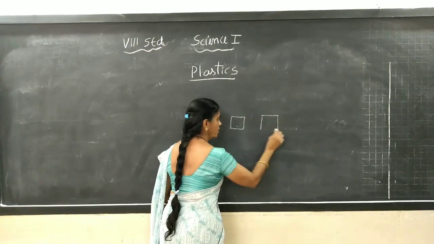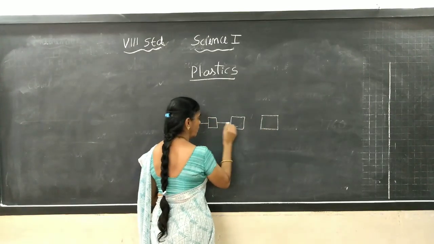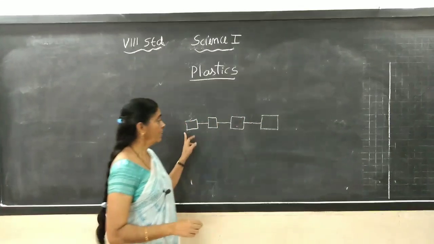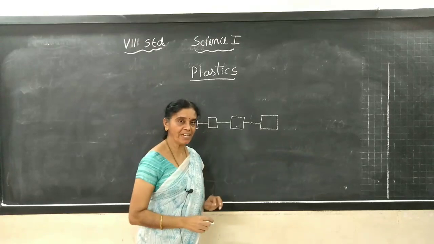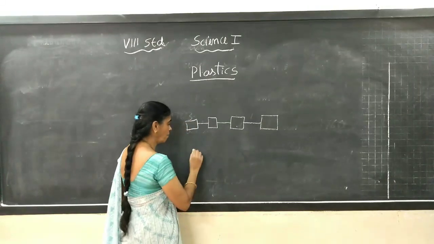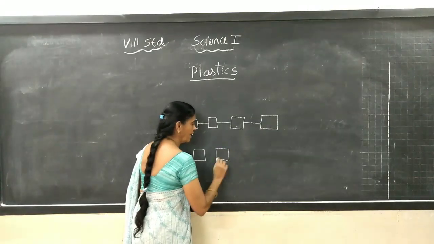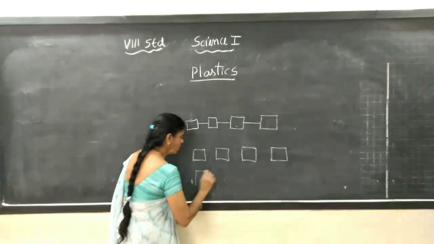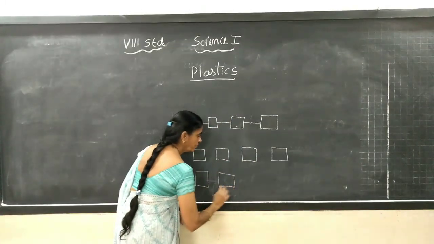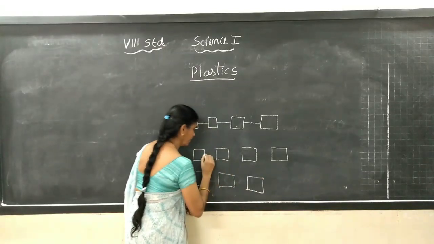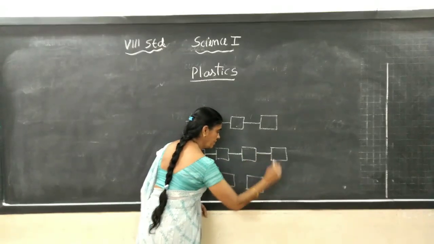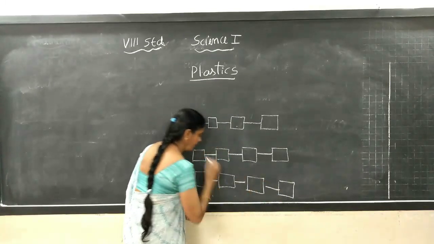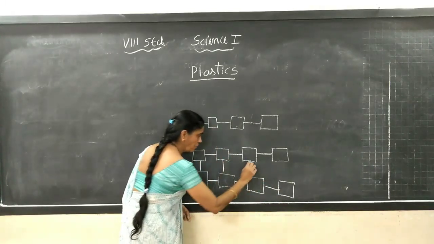The units which join together to form the polymer may be arranged in a linear manner, or in some plastics they will be arranged cross-linked, interlinked, like this way, we link with one another, see, and interlinking is also possible.